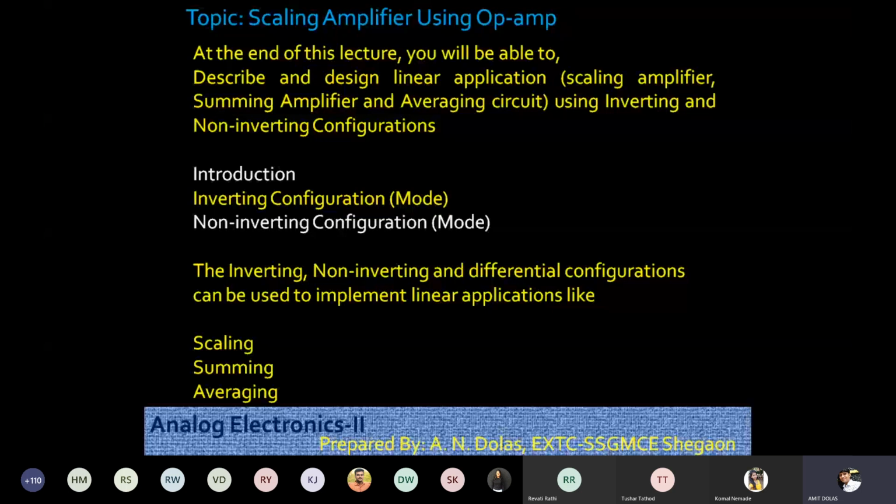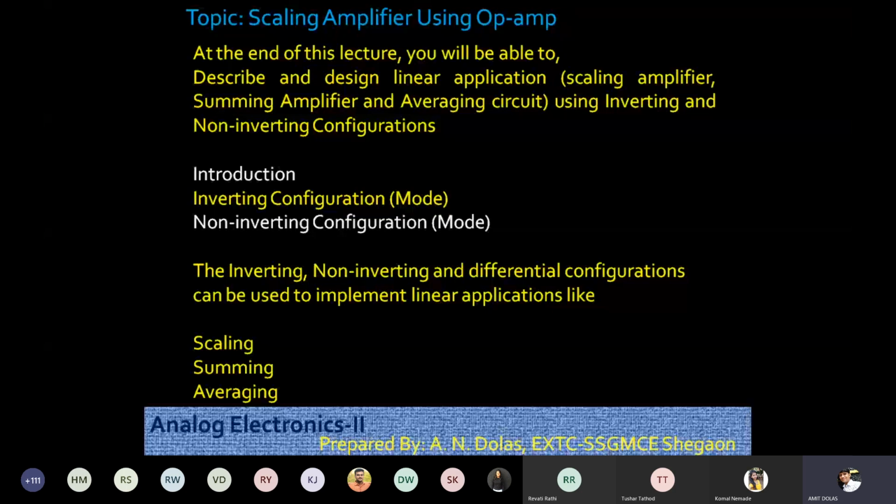Summing is nothing but adding 2-3 sources like V1 plus V2 plus V3. Summing amplifier is adding n number of sources like V1 plus V2 plus V3 and having some gain to it, multiplied by say 10, 15, 50, 100 and so on. And averaging circuit, you know what is averaging. If we take 1/3 into (V1 plus V2 plus V3), or V1 plus V2 plus V3 divided by 3, that is the averaging circuit.